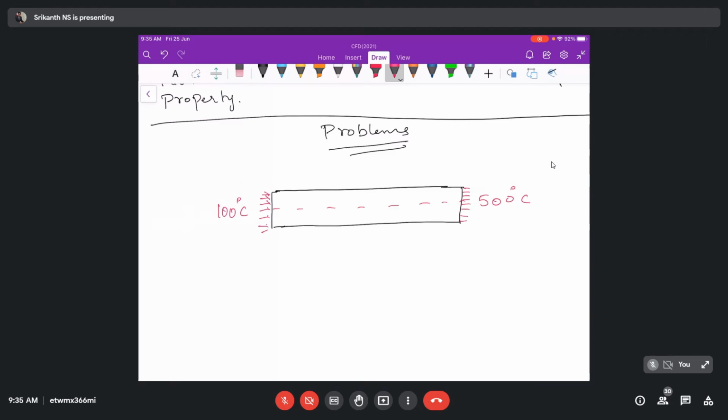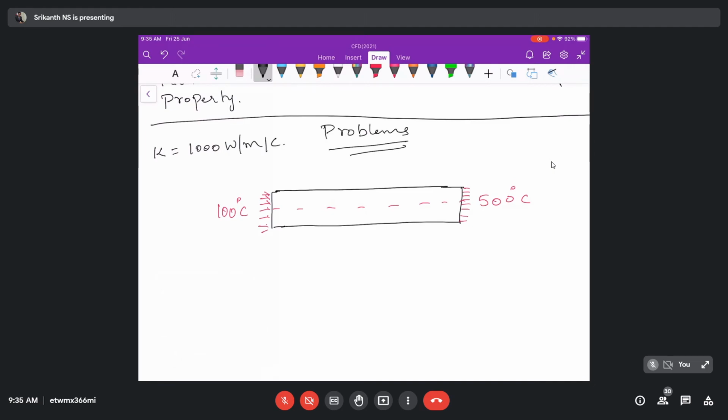Okay, na? Calculate the steady state temperature distribution in the rod. Full stop. Thermal conductivity K equal to 1000 watt per meter Kelvin.